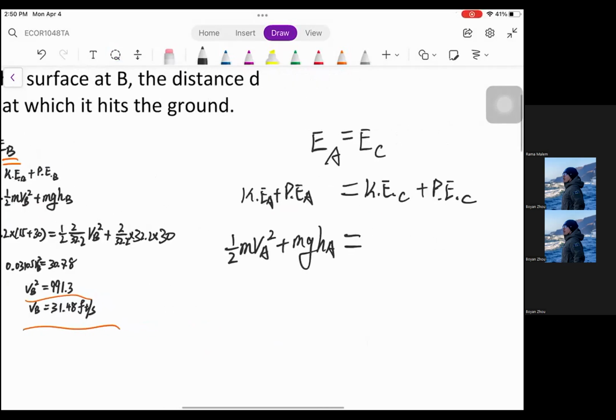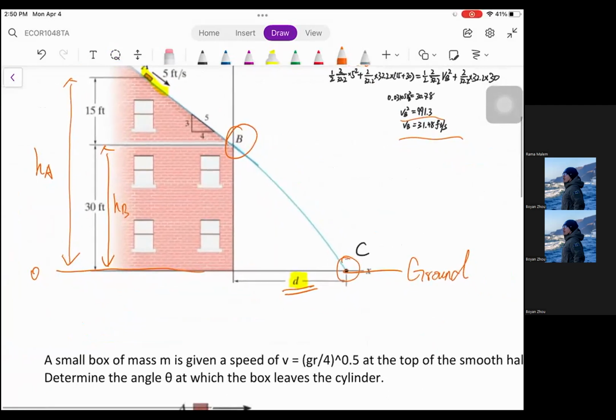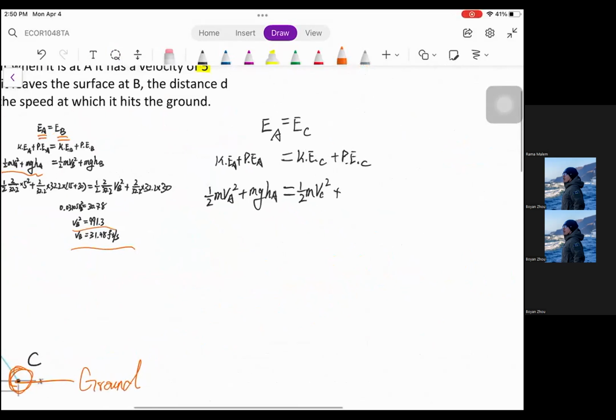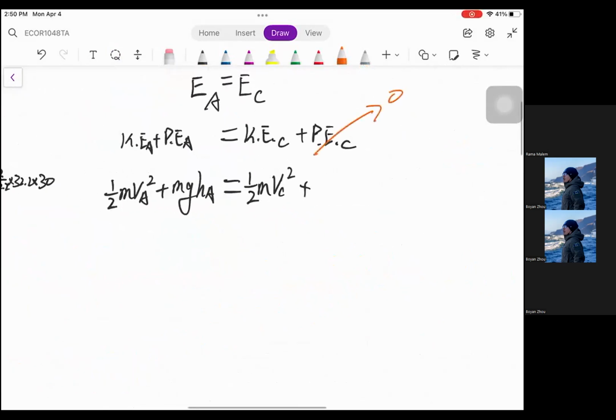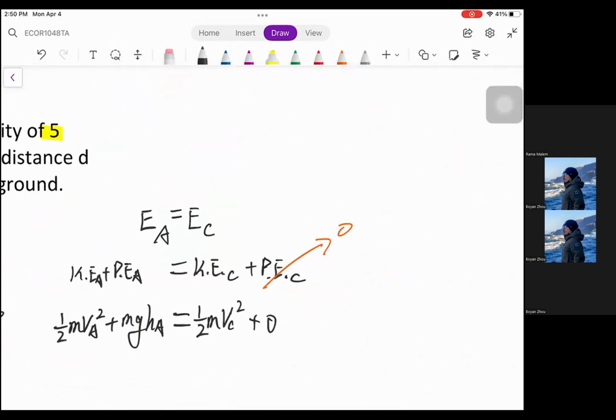The kinetic energy at point C is the value we're looking for. The potential energy, since it has already hit the ground, the height is 0, so this one goes to 0.